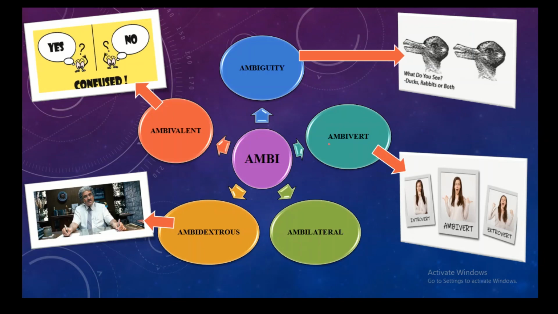Next one is ambivert. Ambivert meaning, what is the meaning? A person who has a balance of extrovert and introvert features in personality. See the example here. From the picture you can understand it is a personality type that is in between that of an introvert. Introvert meaning shy and reserved.